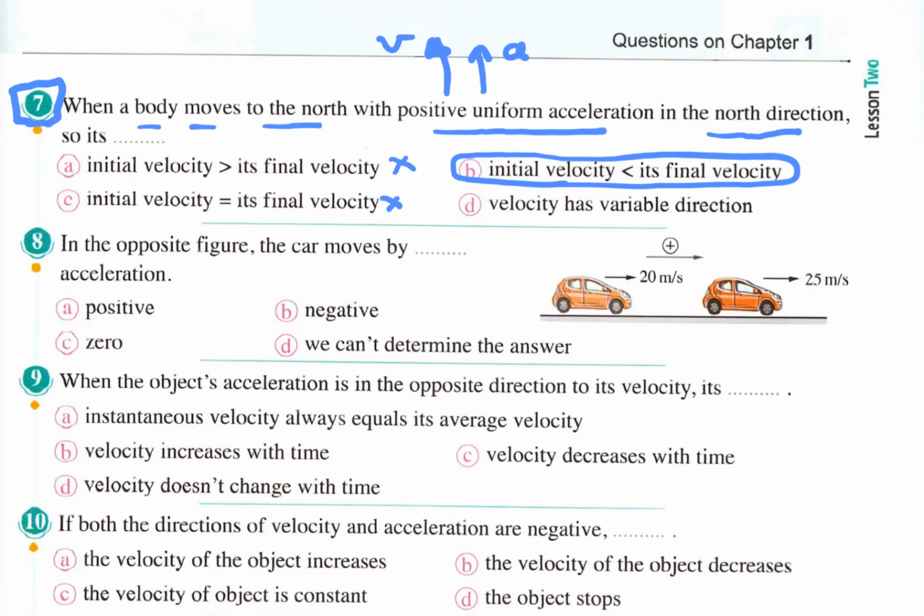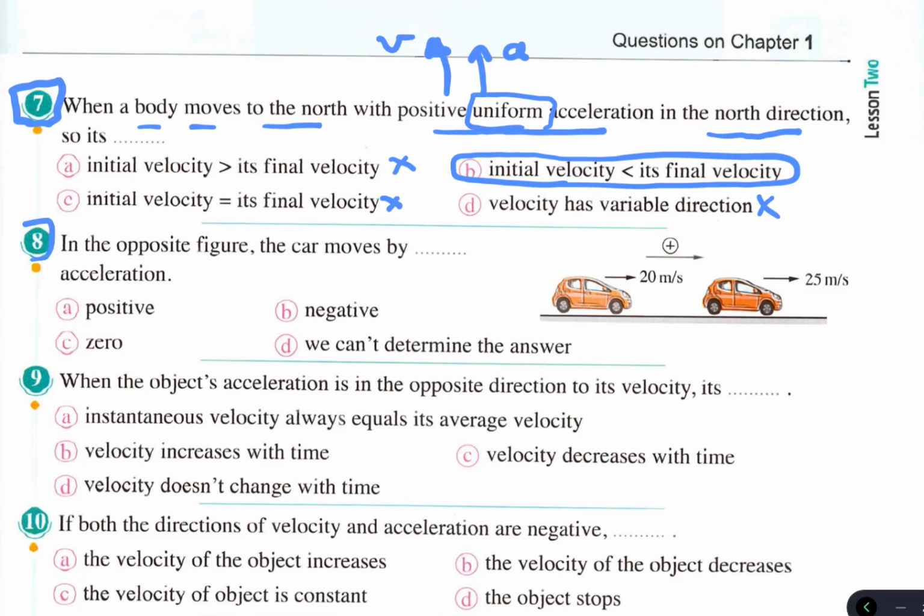Velocity has variable direction, no, because he said that both the velocity is changing and toward north, and also the acceleration's direction is toward north, and he said uniform acceleration, so it is not variable.